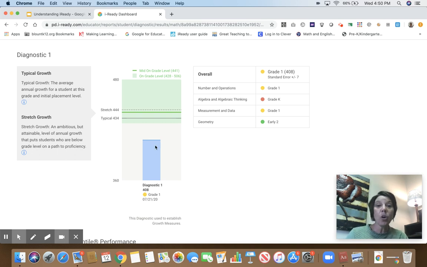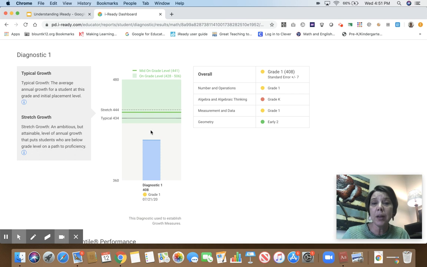So I'm going to go ahead and tell you, I have seen many, many, many kids on their second test get to this dark solid line and even the dotted line. And they get so excited. I have seen kids that are over the moon just getting closer. And that's really all we want to see, is to see them getting closer to those.